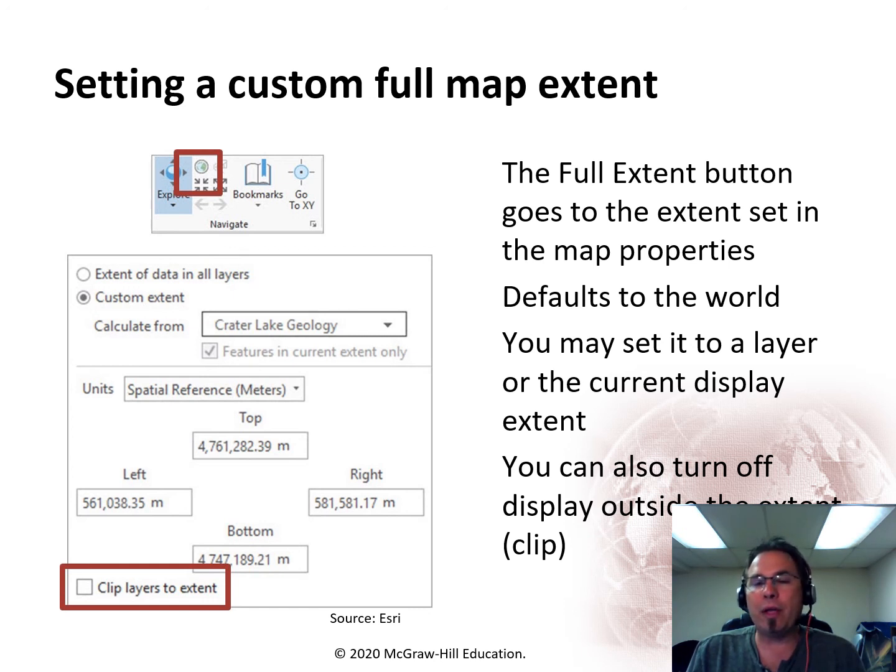I will teach you how to use the actual clip tool, which is probably a better way of doing it. But if you're making a quick and dirty map, the clip layers to extent button is a visual thing that will actually cut off everything outside the boundary that you set.